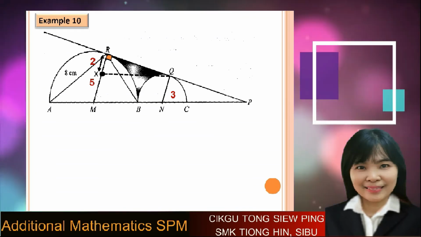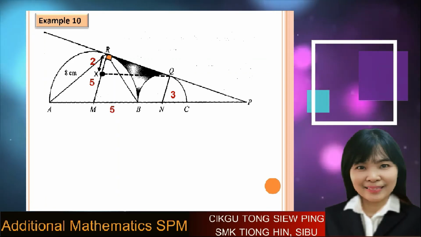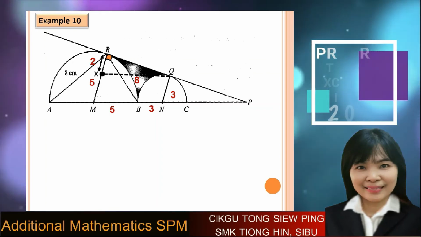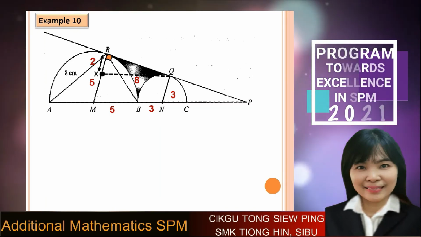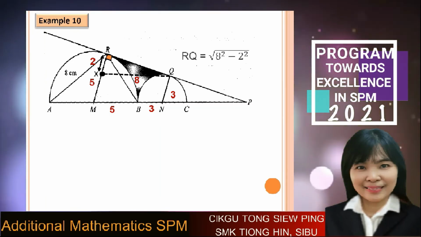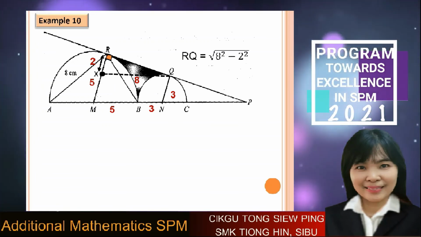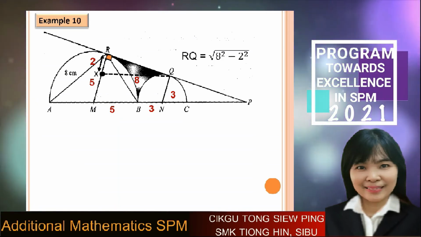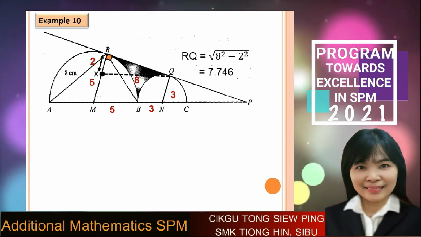The length of QS is equal to the length of MN, that is 5 plus 3 is equal to 8. We have constructed the right angle triangle SRQ. Then we can use the Pythagoras theorem to solve for RQ. RQ is equal to the square root of 8 squared minus 2 squared, that is the square root of 60, and is equal to 7.746.